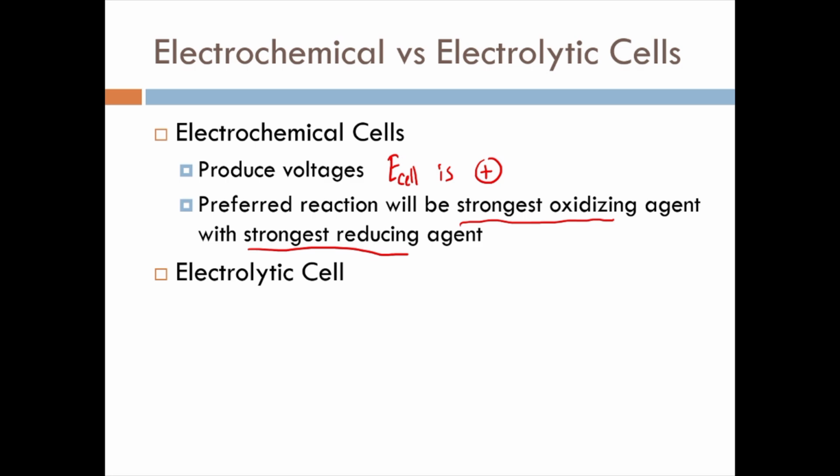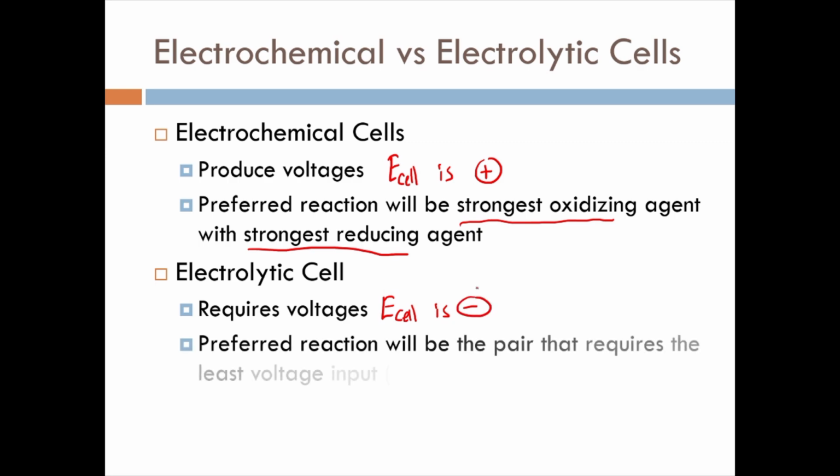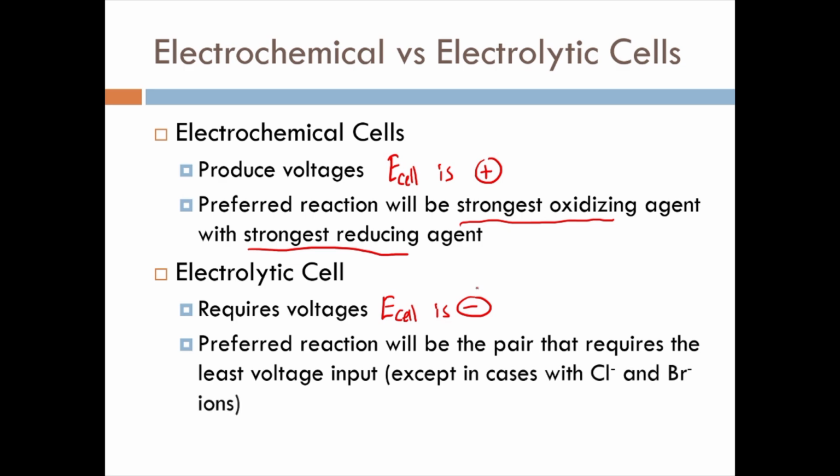In an electrolytic cell, these ones will require voltages because they will have a negative cell voltage, and the preferred reaction will always be the pair that requires the least voltage input, except in cases involving Cl and Br, because these will always act as reducing agents. Even though they're very weak reducing agents, according to our chart, because of their nature, they will always be the ones wanting to be oxidized.